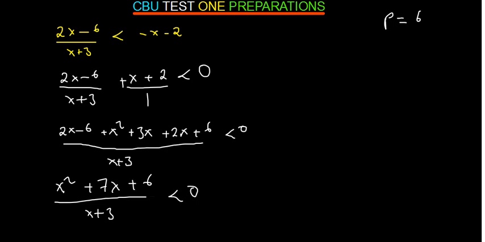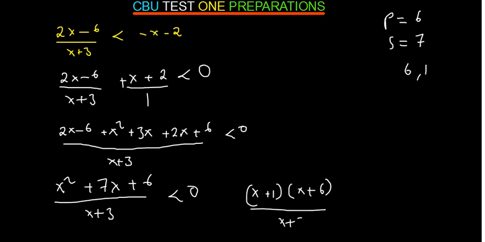So that's 6, and then the sum is the number in front of x, which is a 7. So you want two numbers which you can multiply to get 6, and if you add them, you get 7. Okay, 6 and 1, right. So that means this is going to become x plus 1, x plus 6 divided by x plus 3 is less than 0.